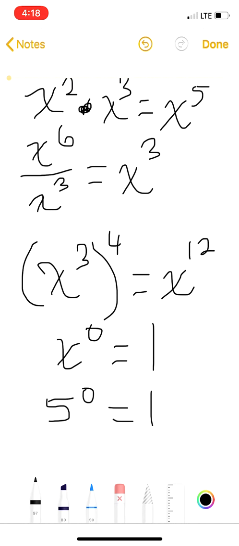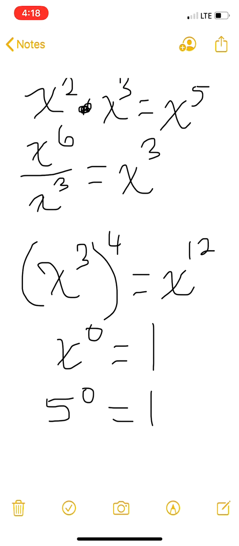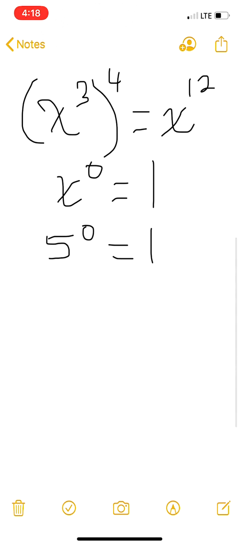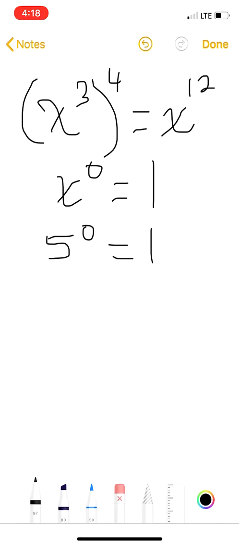The rule that I didn't share here, which I should have, is you can't have a negative exponent. If you have a negative exponent like x to the -2, you flip it around. If it's in the top of a fraction, you put it into the bottom. Keep the exponent, but make it positive.